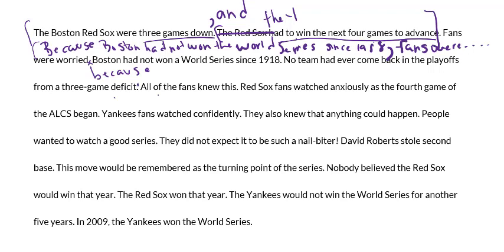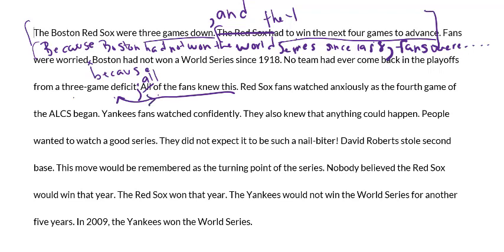I would just include that there, lowercase, because it's still part of the sentence. So we would say no team had ever come back in the playoffs from a 3-game deficit; all of the fans knew this. Again, it gives emphasis to this element here, and it also addresses this fact. And we didn't want to leave this part out or create a new sentence for it because, again, we want to really emphasize the relationship between these 2 sentences, okay?